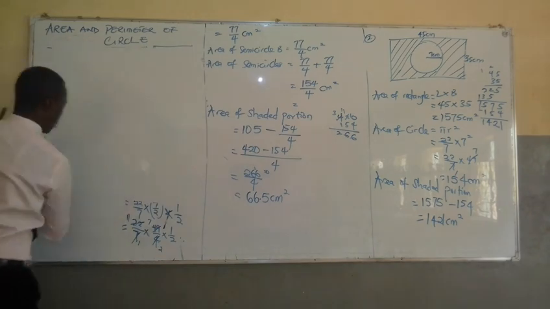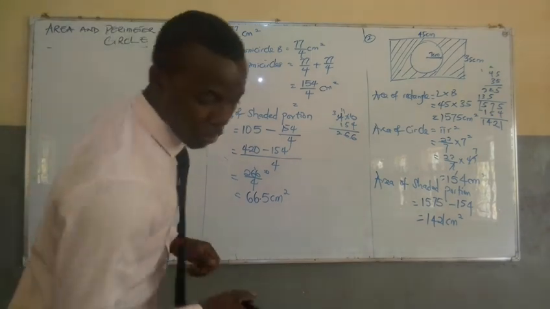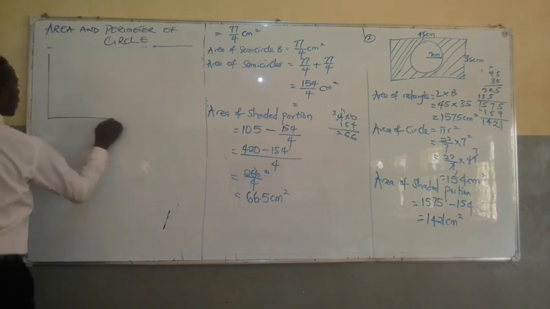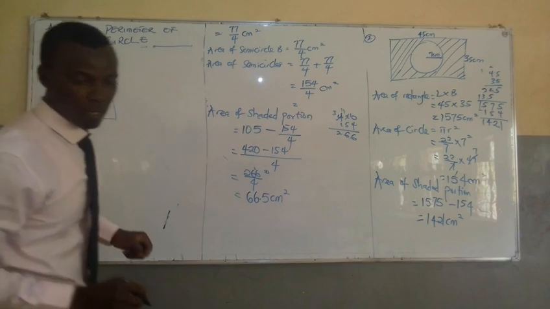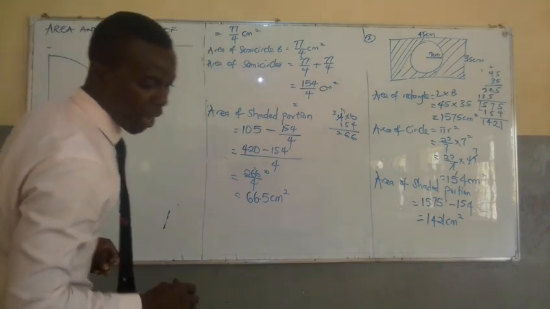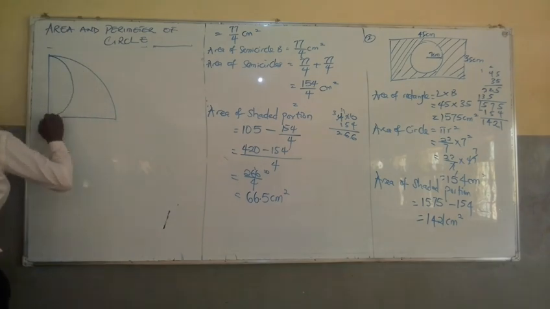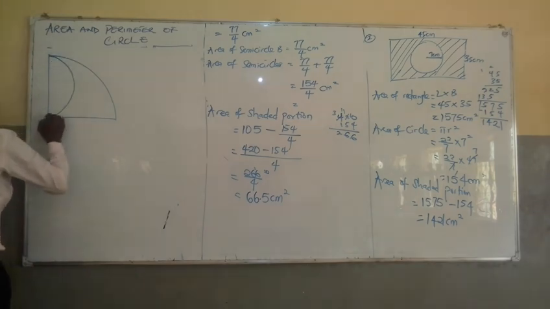So you can have various examples, but let me take one more example and then I'll be done for that. So let's have another question like this. We're told this is a quadrant, and we'll be given a circle this way.